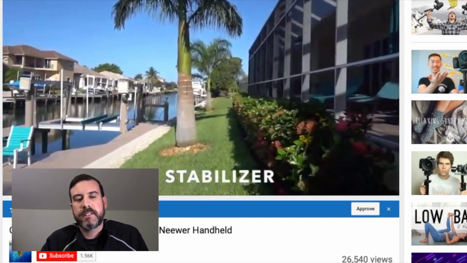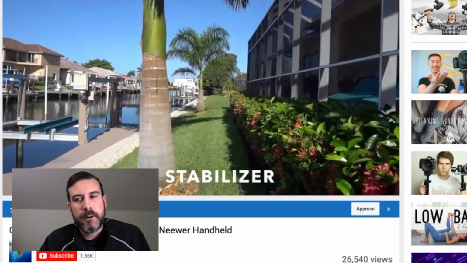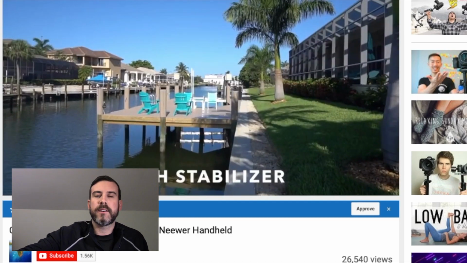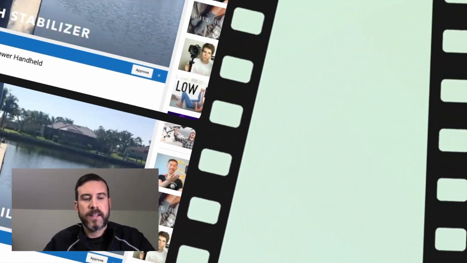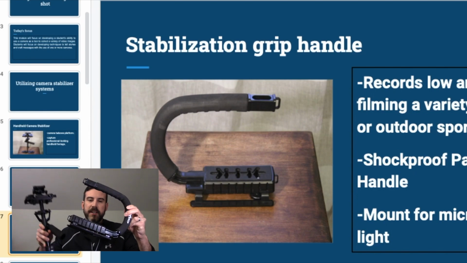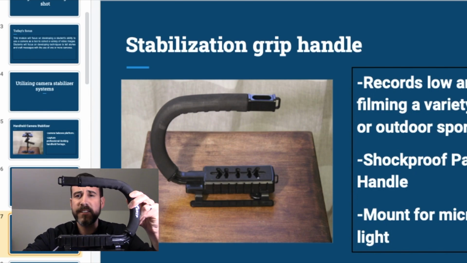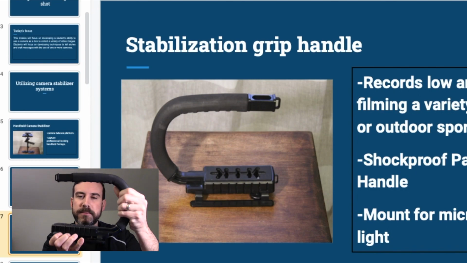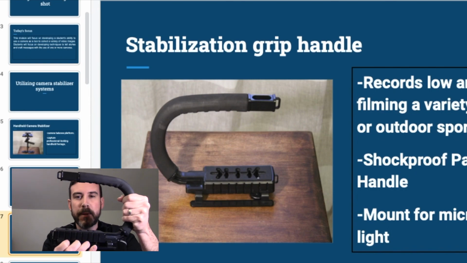He's trying to show us what video looks like without a stabilizer like this, okay? And what it looks like with it. I want to show you. So, here again was our first one. Here's our second one. This is our stabilization grip handle, right? It's got a grip handle, that's why it's called that, and it stabilizes the camera.